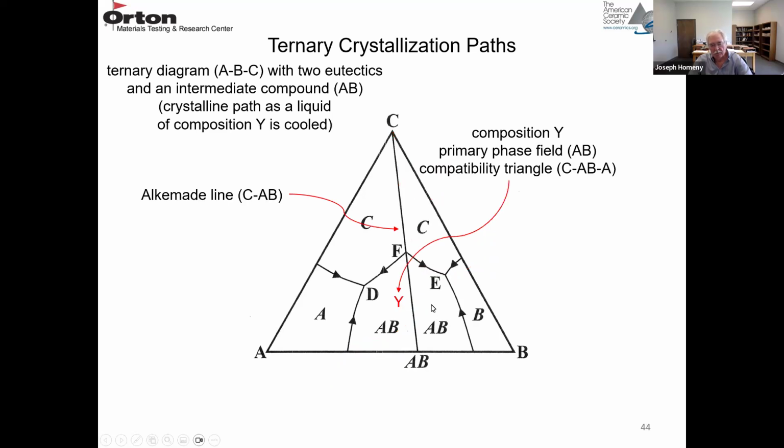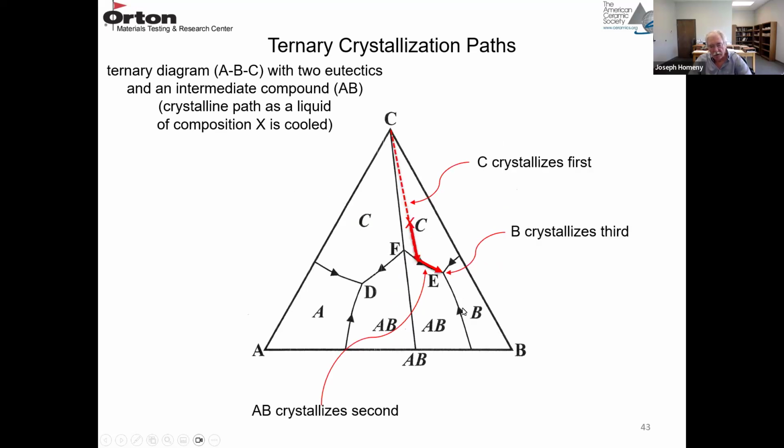So we're in this compatibility triangle, C, B, AB. We know we have to end up at this eutectic. So C crystallizes first, AB second, and then finally B.